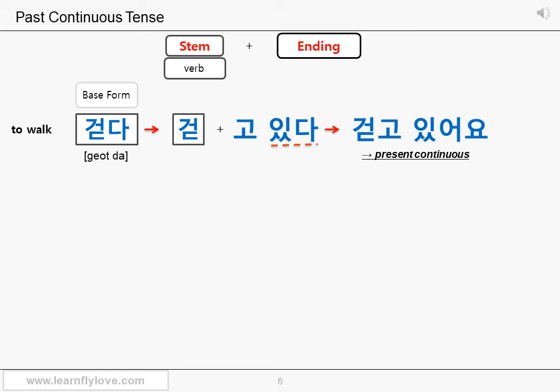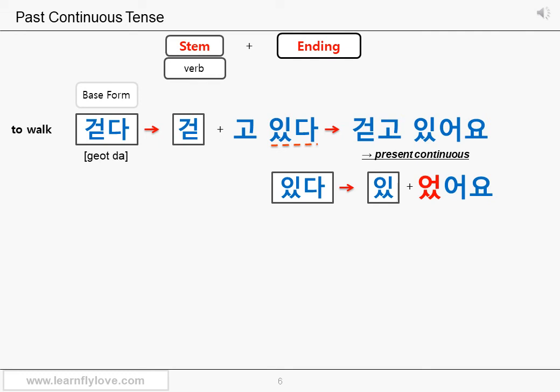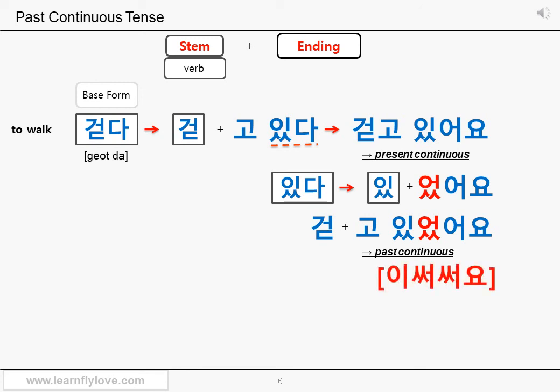In order to put the stem in the past continuous tense, you add the past tense indicator 었 to the stem 있 of the 있어요 part. So it was 고 있어요 in the present continuous tense, and it is 고 있었어요 in the past continuous tense. The stem 걷 plus 고 있었어요. 걷고 있었어요.